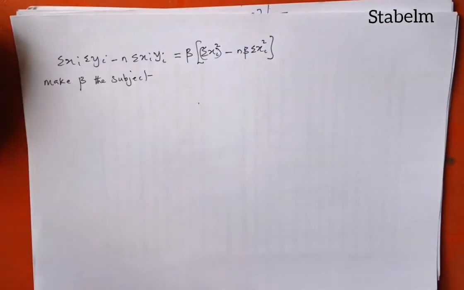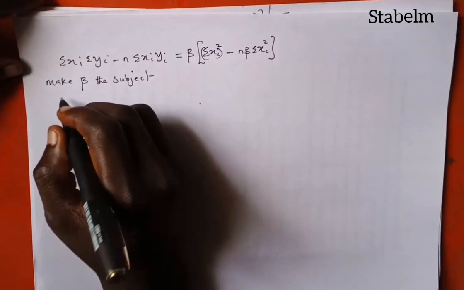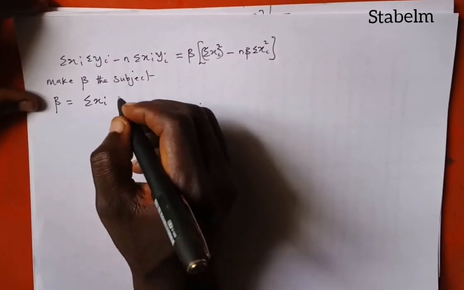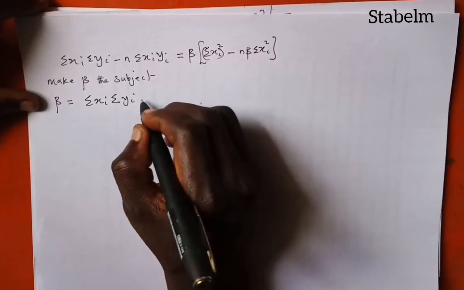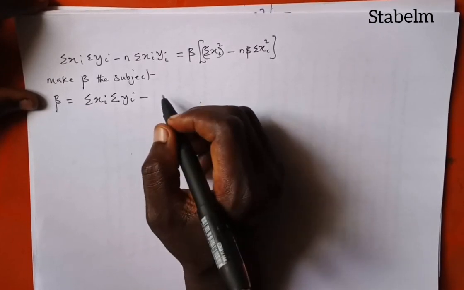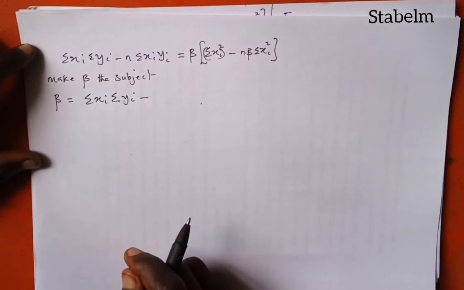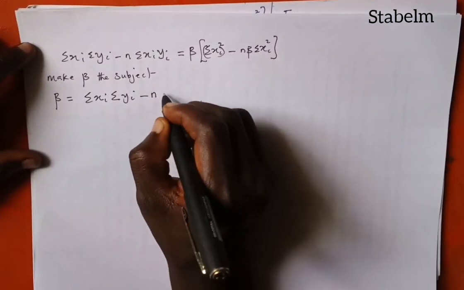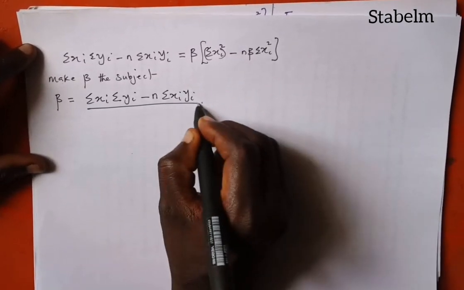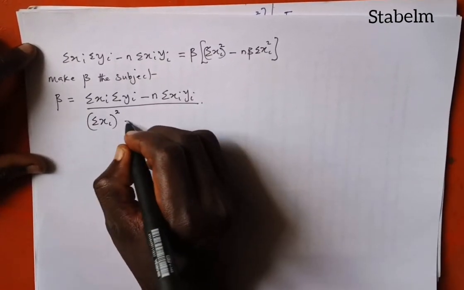So from here now, if we make beta the subject, we're going to have beta equals summation xi summation yi minus n summation xi yi divided by summation xi all square minus n.